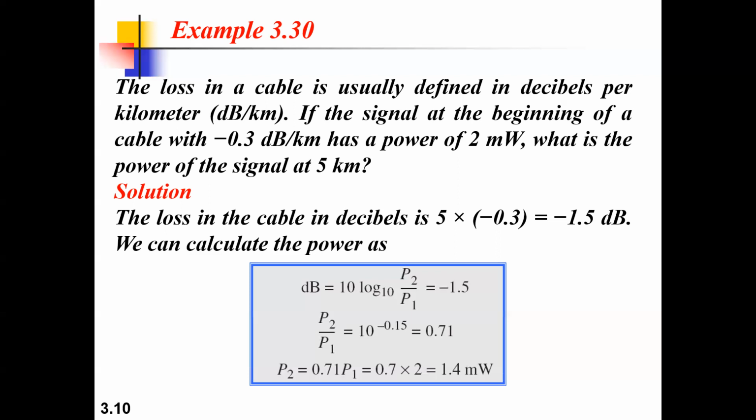Right, so the initial power was given there. In other words, we say P2 over P1 equals 0.71, right? So in order to calculate P2, we multiply by P1. P2 is equal to 0.71 times P1, and P1 is given as 2, so that gives 1.4 milliwatts.